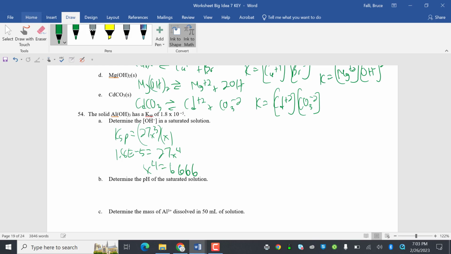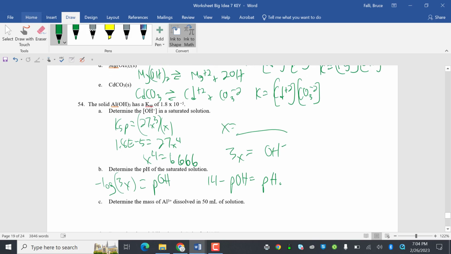So x is going to be something, and then 3x is going to equal the hydroxide concentration. Determine the pH of the saturated solution. So negative log of 3x is going to equal pOH. 14 minus pOH equals pH.